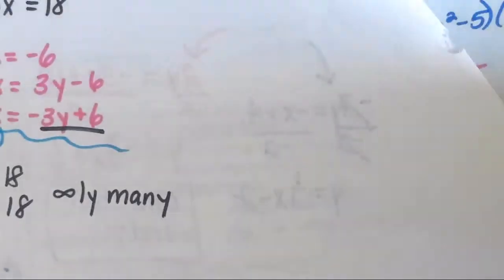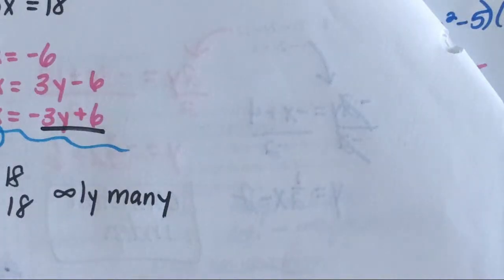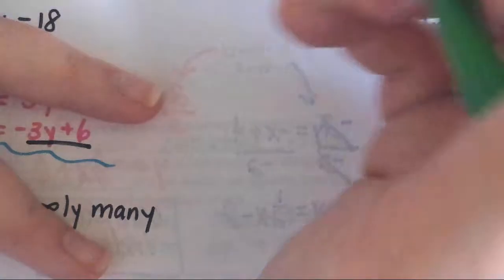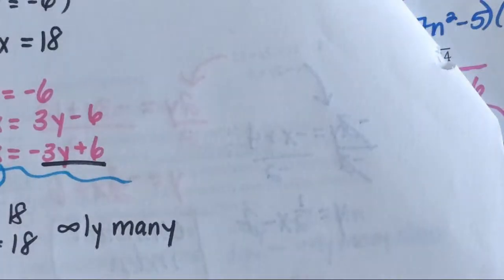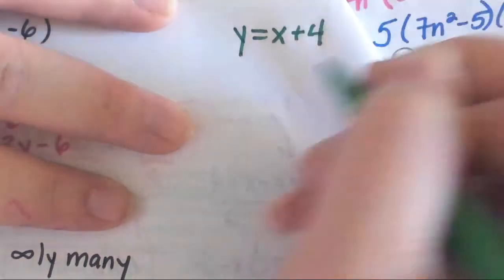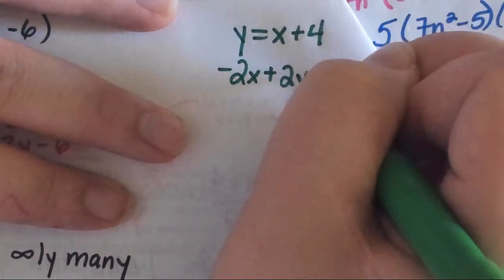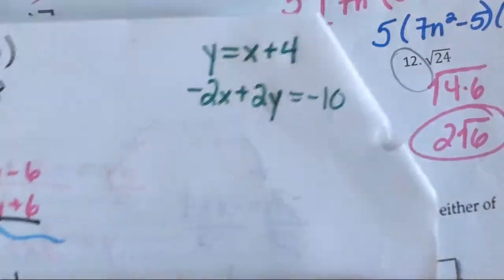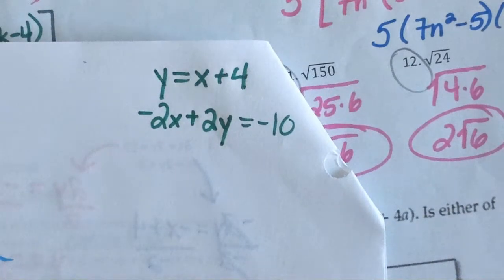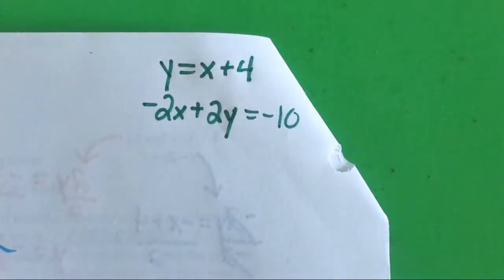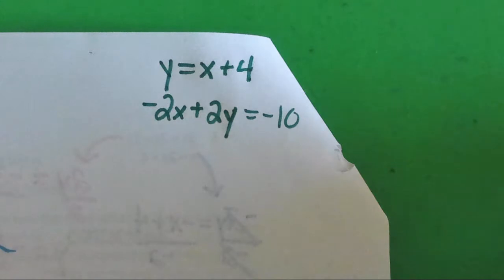So here are the 2 equations we're going to use. Don't make fun of me because one of them is really easy. The top one is y equals x plus 4. The bottom one is negative 2x plus 2y equals negative 10. Which equation should I use with substitution?